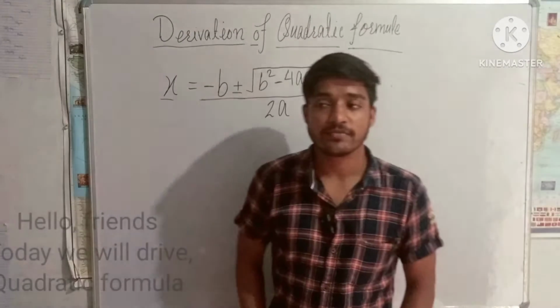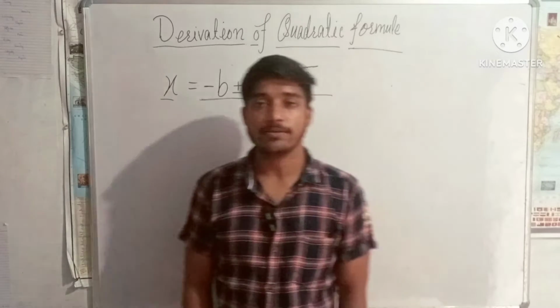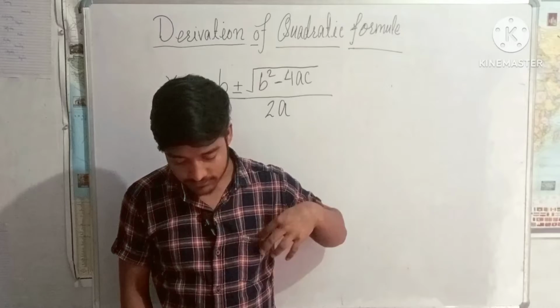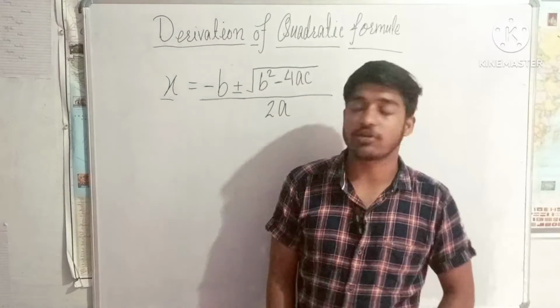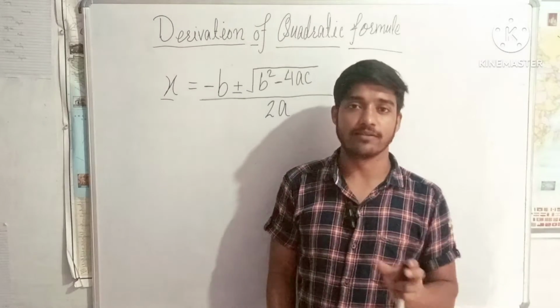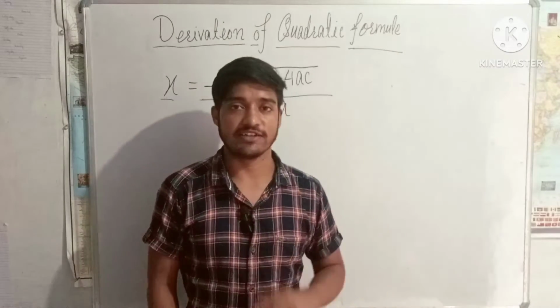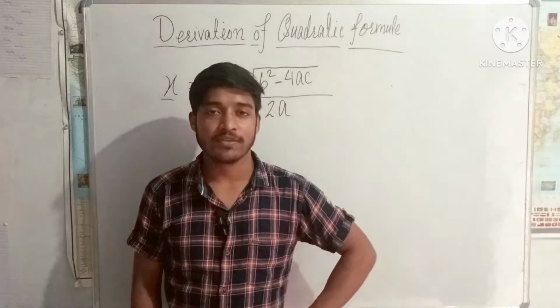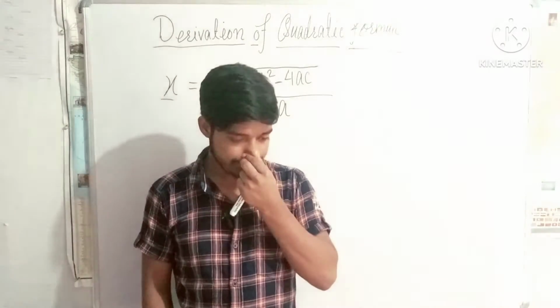Hello friends, today we will derive the quadratic formula. As we know, when we have to find the root of any quadratic equation, we split the middle term and then find the root. But many times we are unable to find the root.